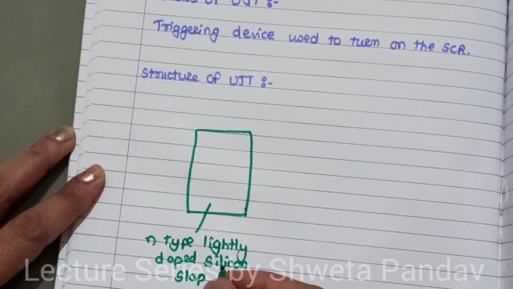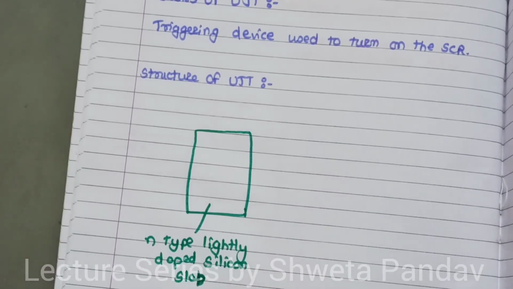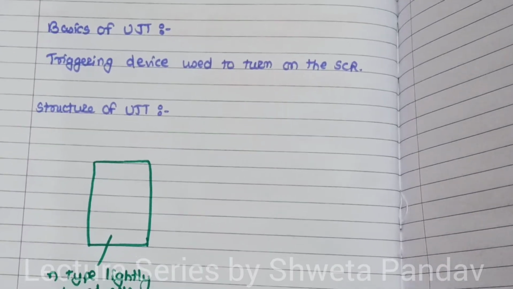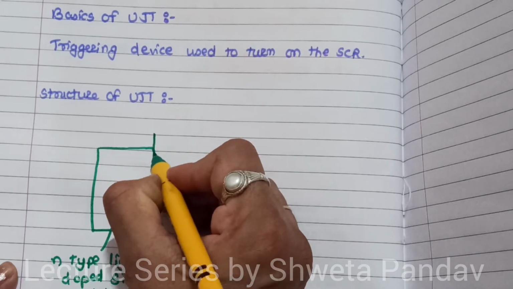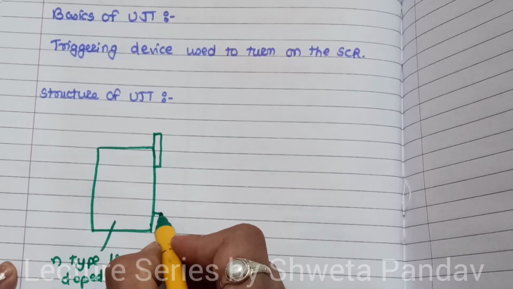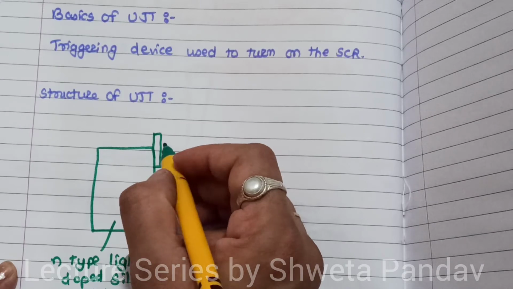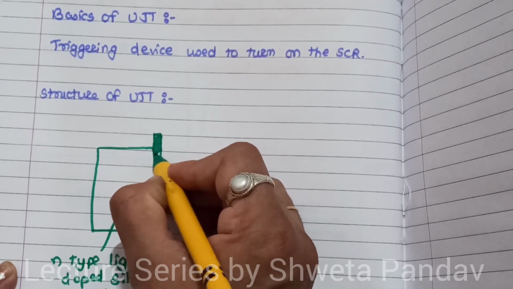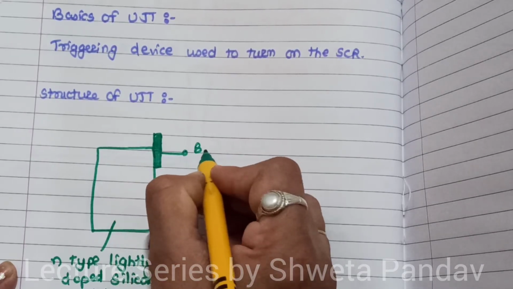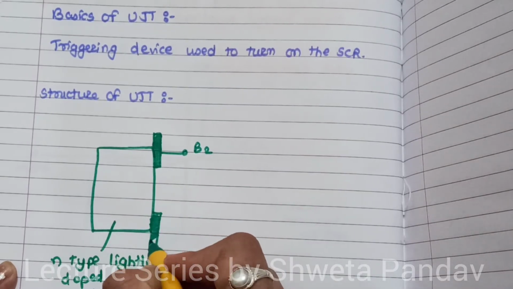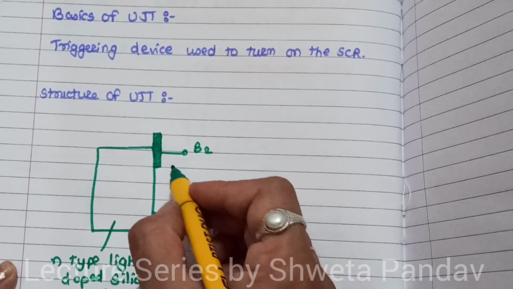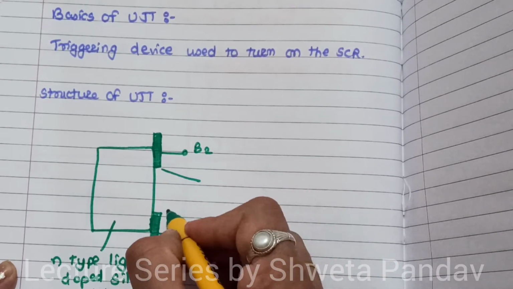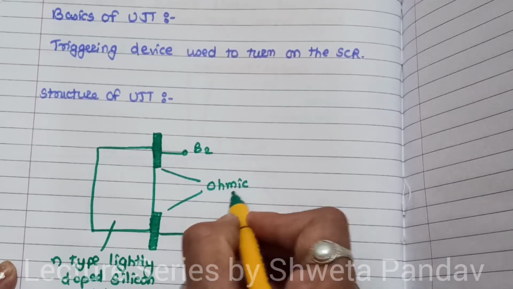As we had seen in the previous session, what is meant by doping? The process of adding impurity to semiconductor. So first we have the N-type slab here, out of which two terminals are taken out, known as B2 and B1. This terminal is called B2, and the second terminal is B1, and these two terminals are connected with ohmic contacts.